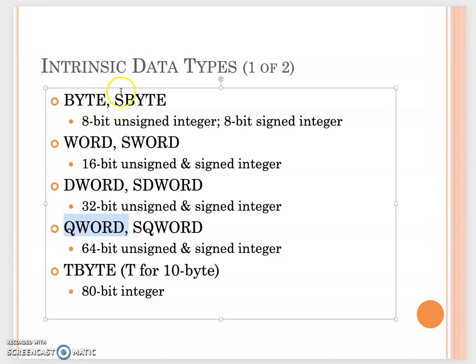However, if you already know your calculation is working on signed integers, then you just need to add S. That will make those data types signed integers. So that will be SBYTE, SWORD, SDWORD, and SQWORD. That's usually what we use for data type definitions.